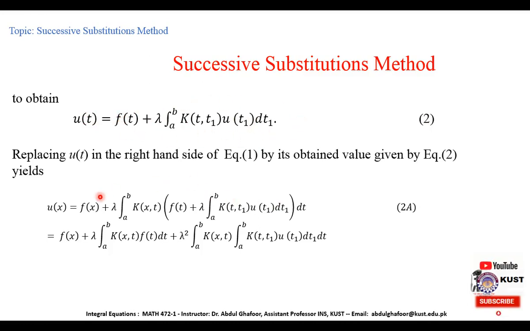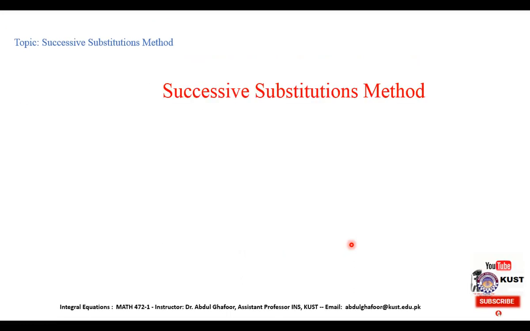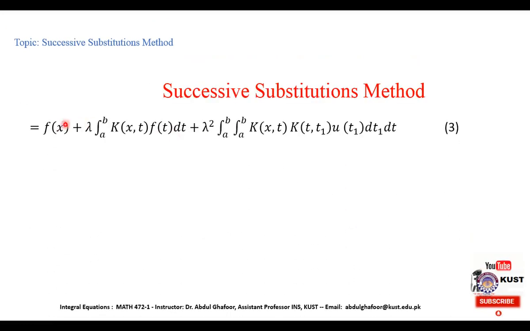Now after a little simplification, these integrals or expressions can be written in this form, and also this double integral from a to b of k(x,t), integral from a to b of k(t,t1) u(t1) dt1 dt can also be written in this form. Now this equation 3 is basically equation 2a, so the left hand side of this equation is u(x) as mentioned earlier, and you see that now we have u(t1).